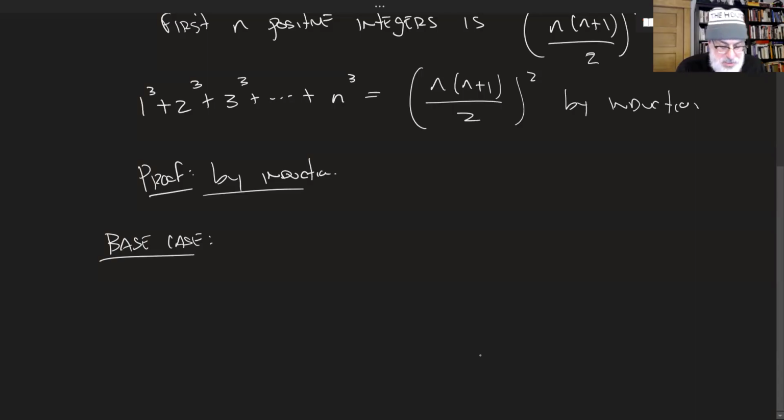So on the left-hand side, we can just assume that the first term is the n equals 1 term, which is 1. Or if you look at this form here of n cubed, 1 cubed is 1. So the left-hand side is 1.